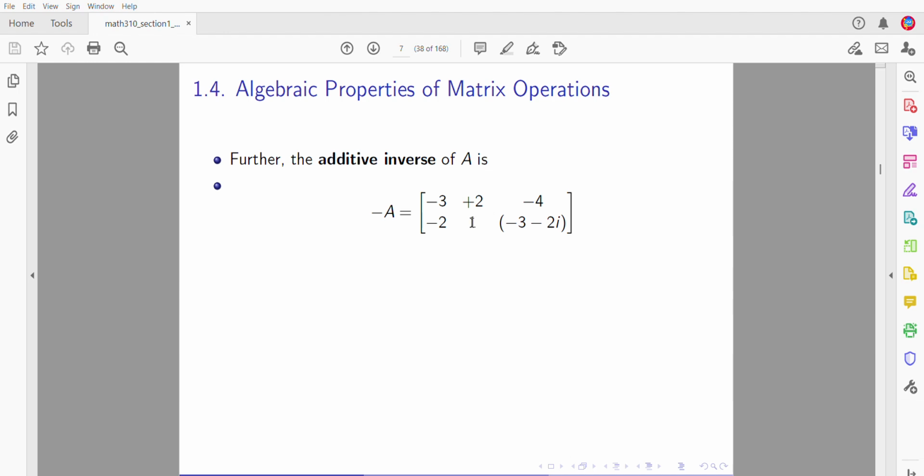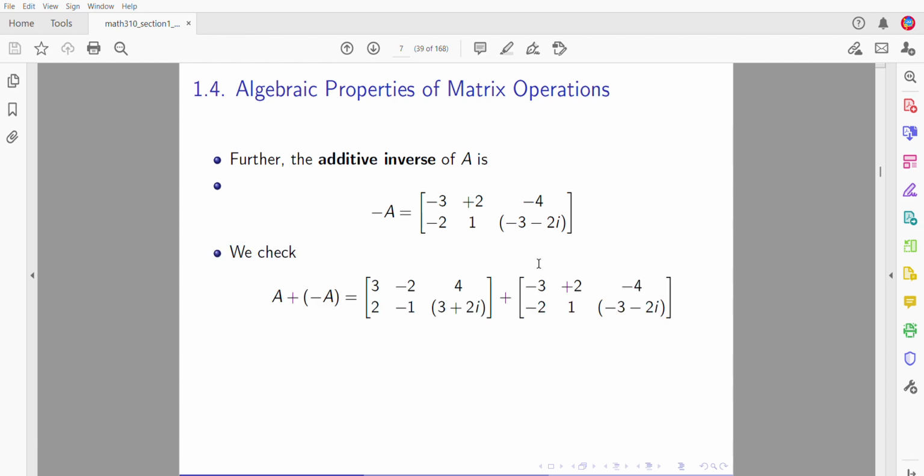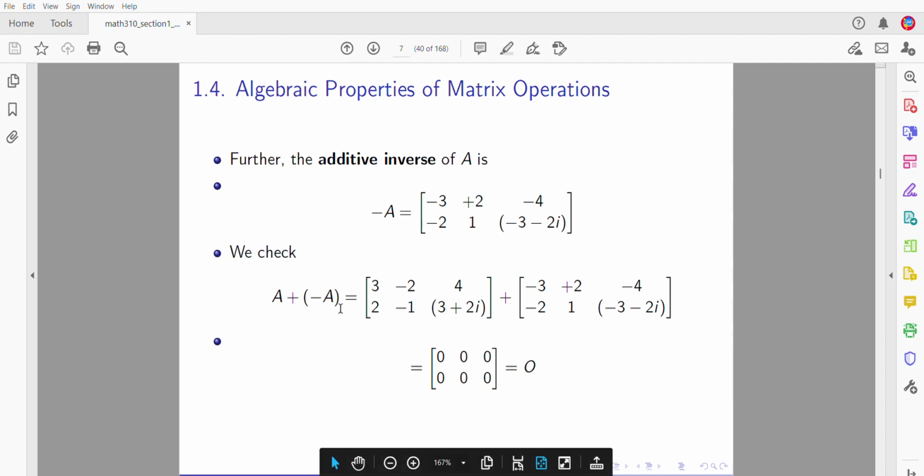In negative A, everybody else is negative. So you see, even the complex number got negated. That's A. That's negative A. If I add them together, I get zeros everywhere. That's the O matrix. So negative A is indeed the additive inverse of A.